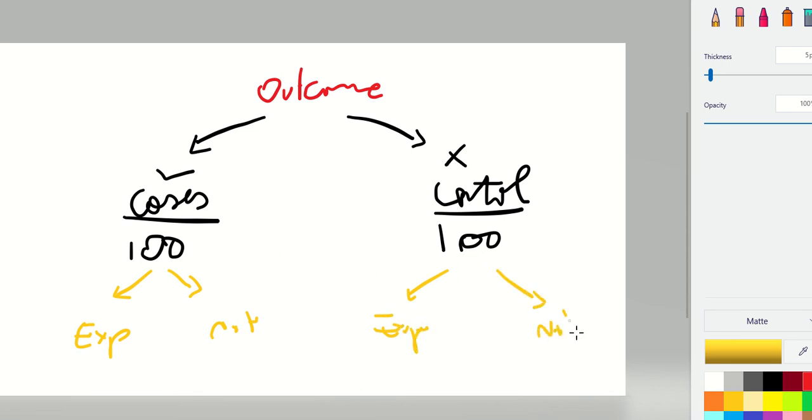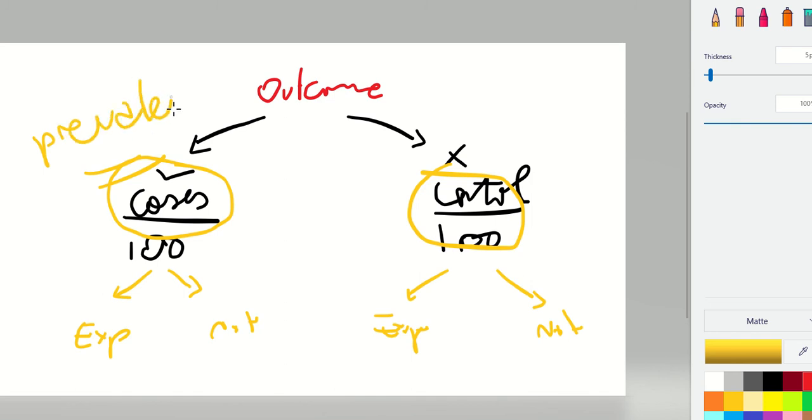What is important is that since you're looking for those that actually have the outcome and those that don't, these are not incident outcomes but rather prevalent outcomes. And now you know the difference between incidence and prevalence. So not only do they have the outcome, but they also might have had it for a long period of time. You're also missing those that had it and were healed, or had it and died.